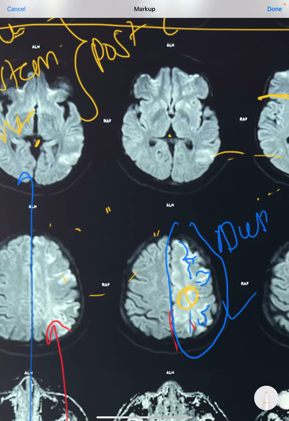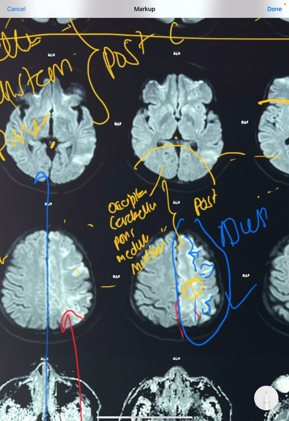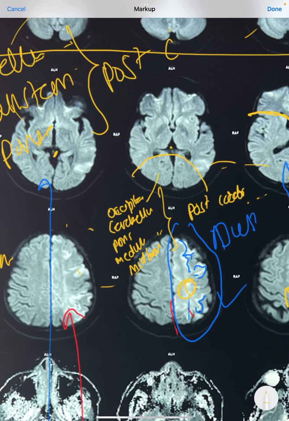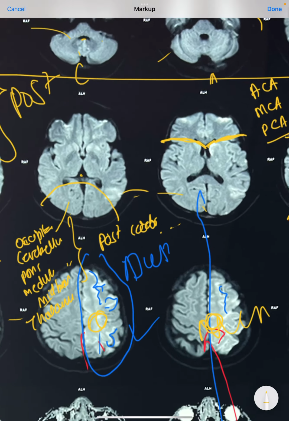So, in short, when we are talking about the occipital cortex, the cerebellum, the pons, medulla, midbrain, this is all supplied by posterior cerebral artery, whereas the thalamus is also supplied by the posterior cerebral artery, and some portion of it is supplied by middle cerebral artery also.